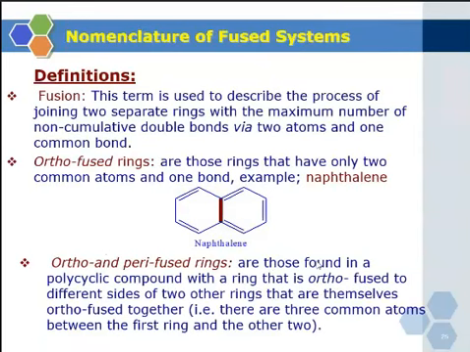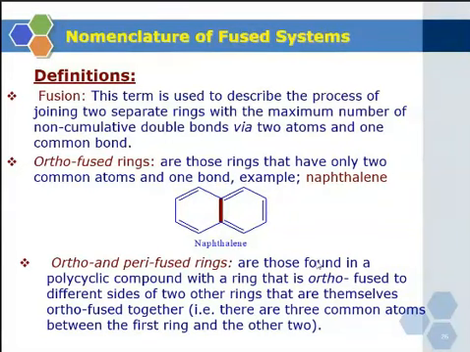Next, we will see the nomenclature of fused ring systems. When we talk about the nomenclature, or to be specific, the Hantzsch-Widman method or IUPAC method of nomenclature of fused ring systems, first we have to remember what a fused ring is, or what is the meaning of fusion?